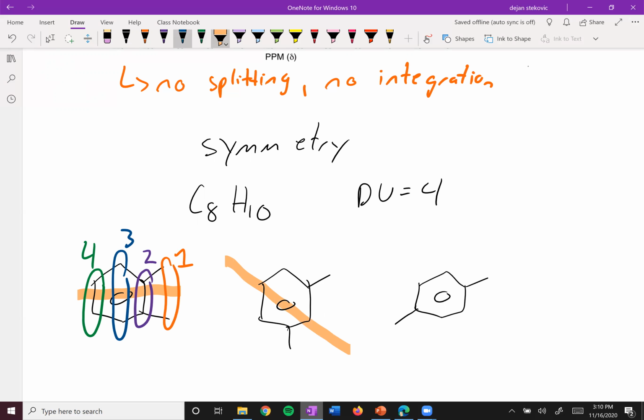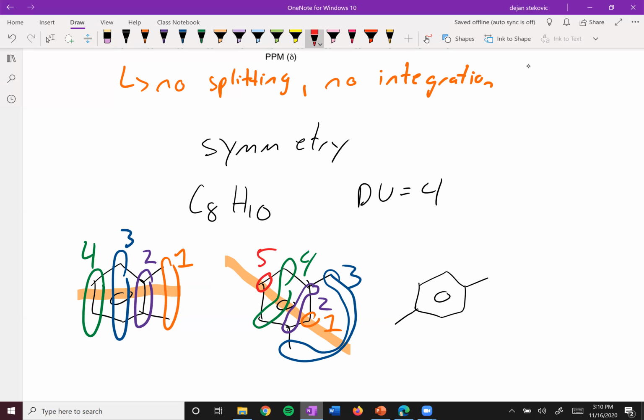Here we've got symmetry along the molecule in this direction. So we've got 1 carbon right there, 2 carbons right there, 3 carbons right there, a 4th carbon, and then we've got a total of 5 different peaks. And then if we have this 1,4 substitution, we have symmetry down this way, and then we also have symmetry this way.